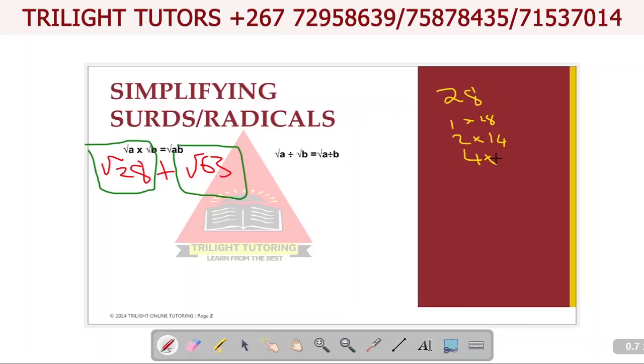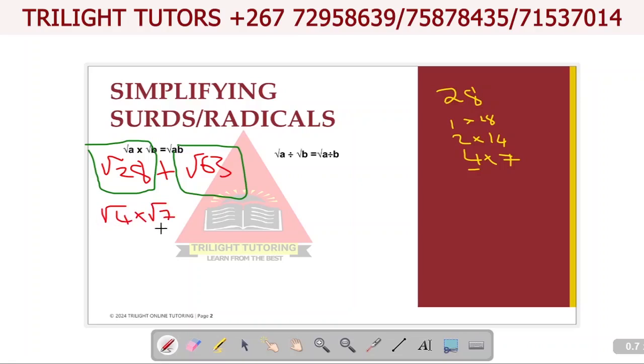Automatically we know that 4 is a perfect square. So we're going to use these factors to write this 28. We're going to say the square root of 4 times the square root of 7.